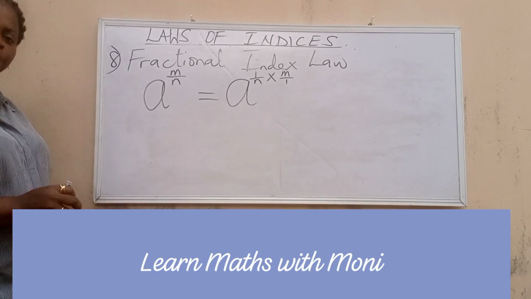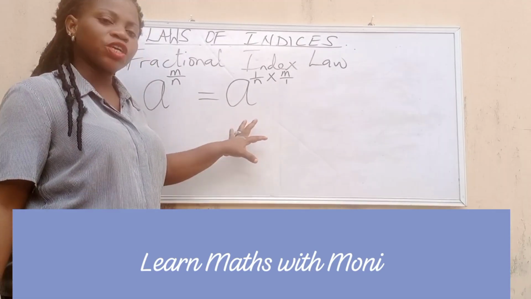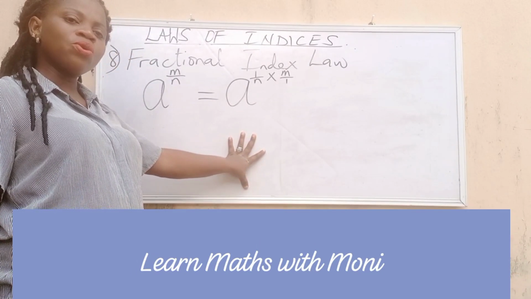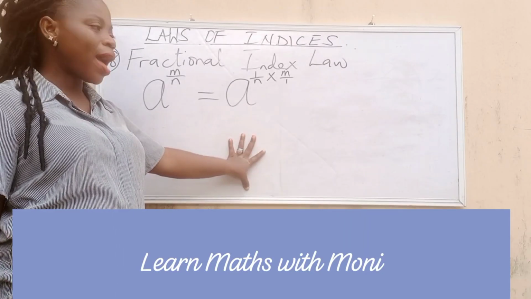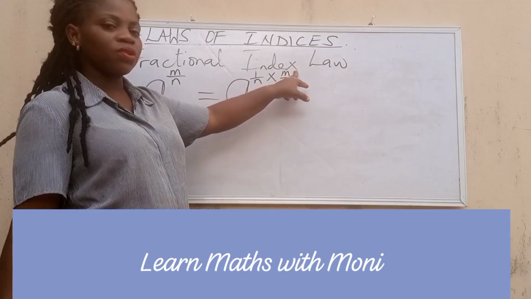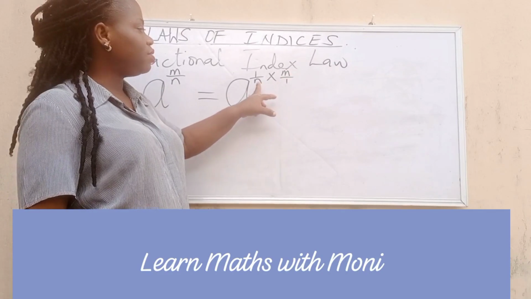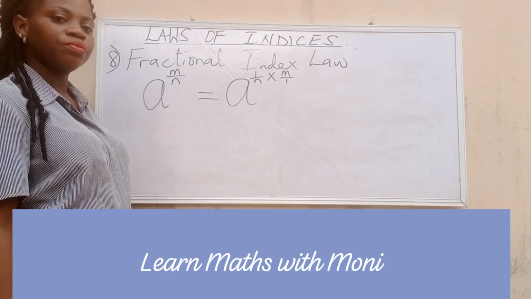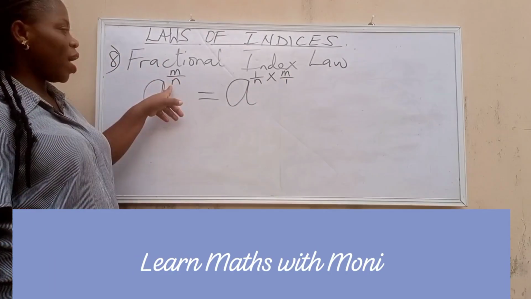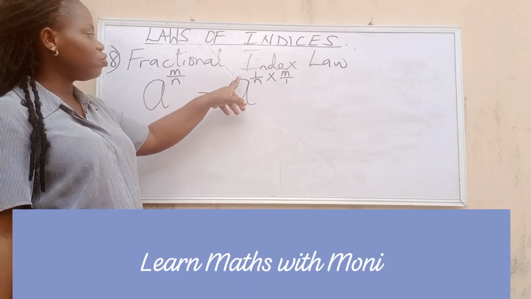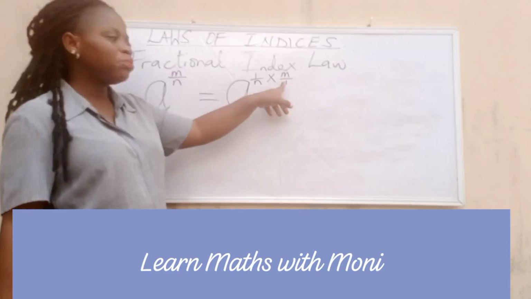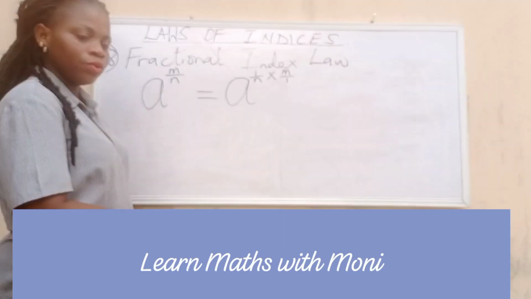Do you remember multiplication of fractions? The multiplication of fractions is done by multiplying numerator by numerator and denominator by denominator. So m over n has been split into 1 over n times m over 1.